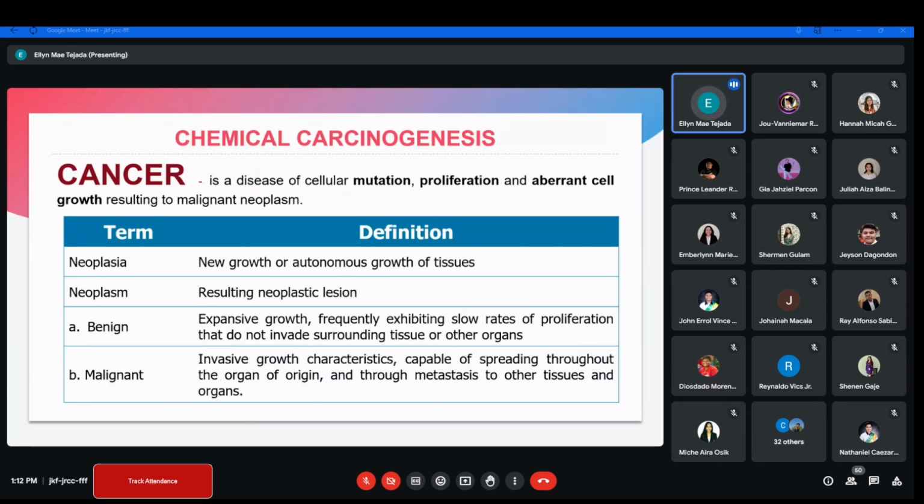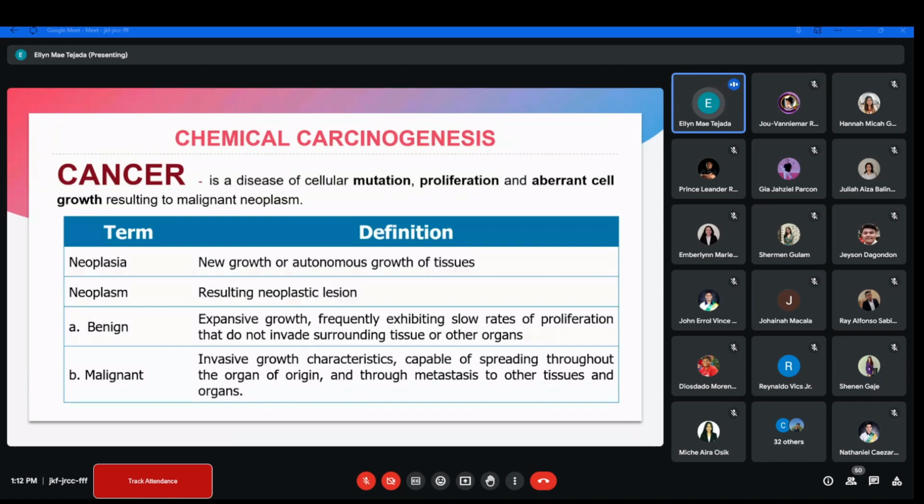But again, let me just reiterate it. Once you say benign, the characteristic growth is expansive, while on the other hand, the malignant is the invasive one. Going to the benign again, it doesn't grow that fast, so it has a slow rate of proliferation.